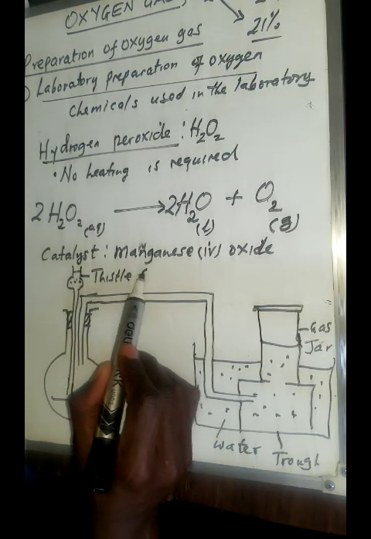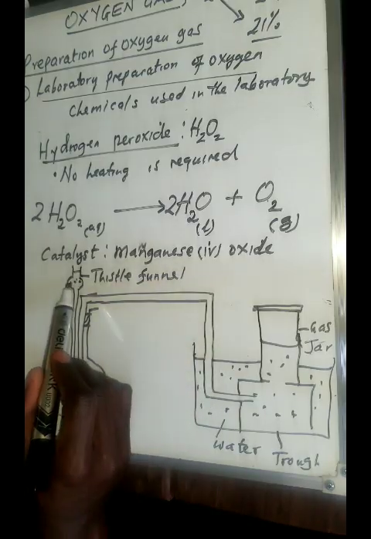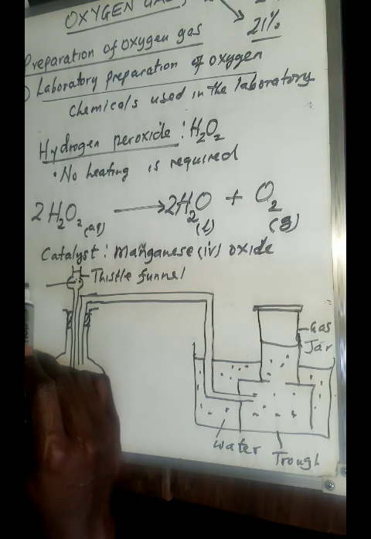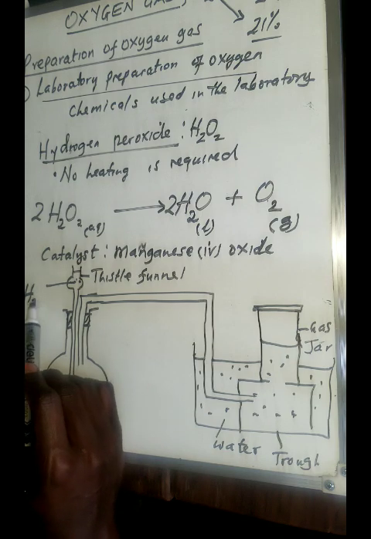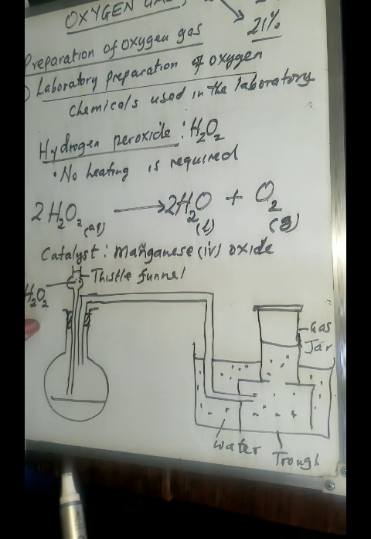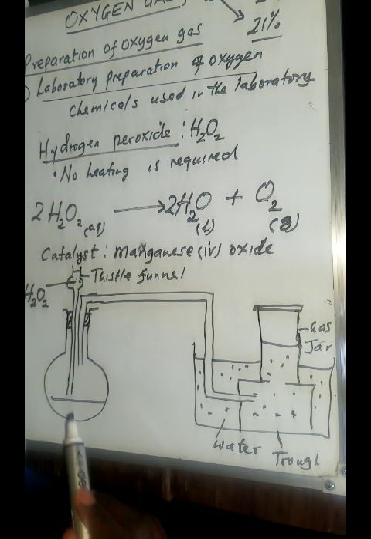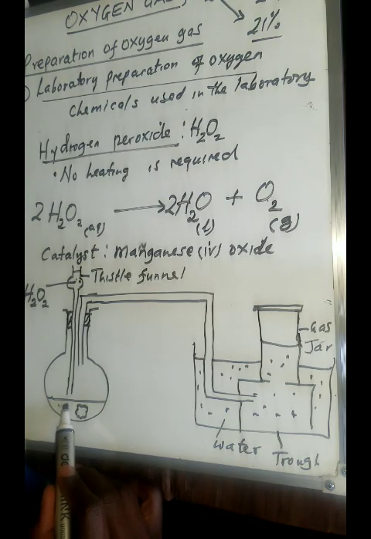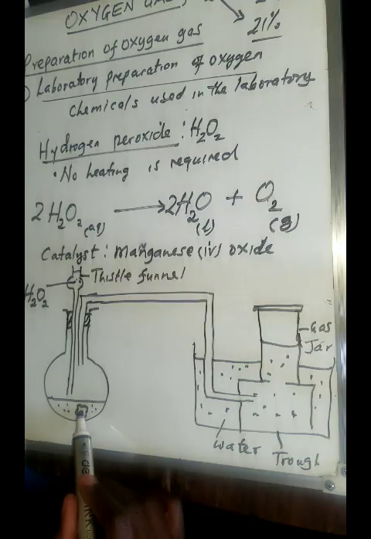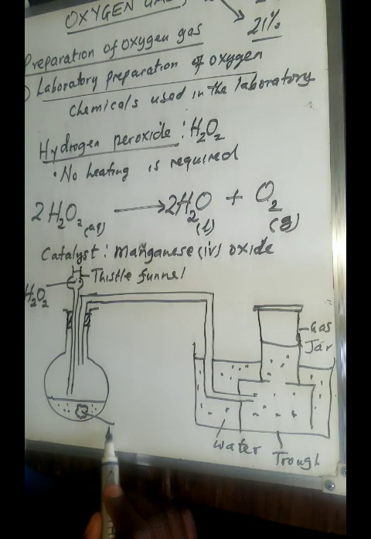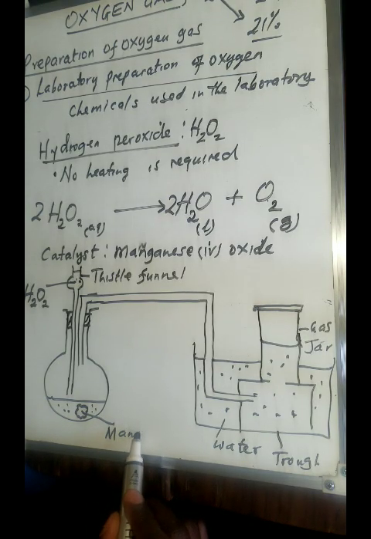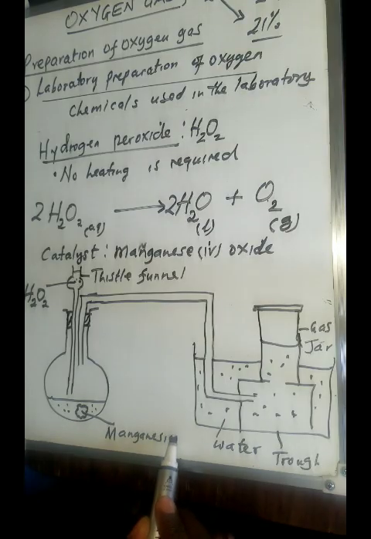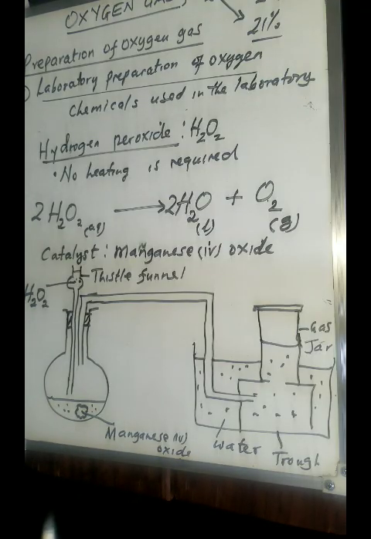The thistle funnel is going to hold the solution that we are calling hydrogen peroxide. So that will be the chemical in there. Then inside the flask you are going to have a catalyst, manganese(IV) oxide.